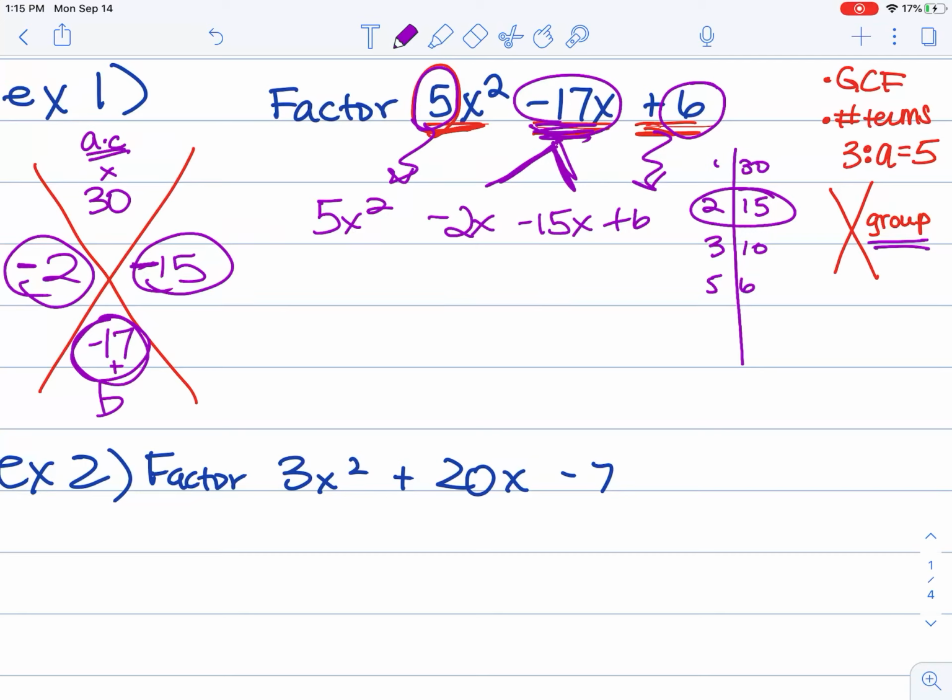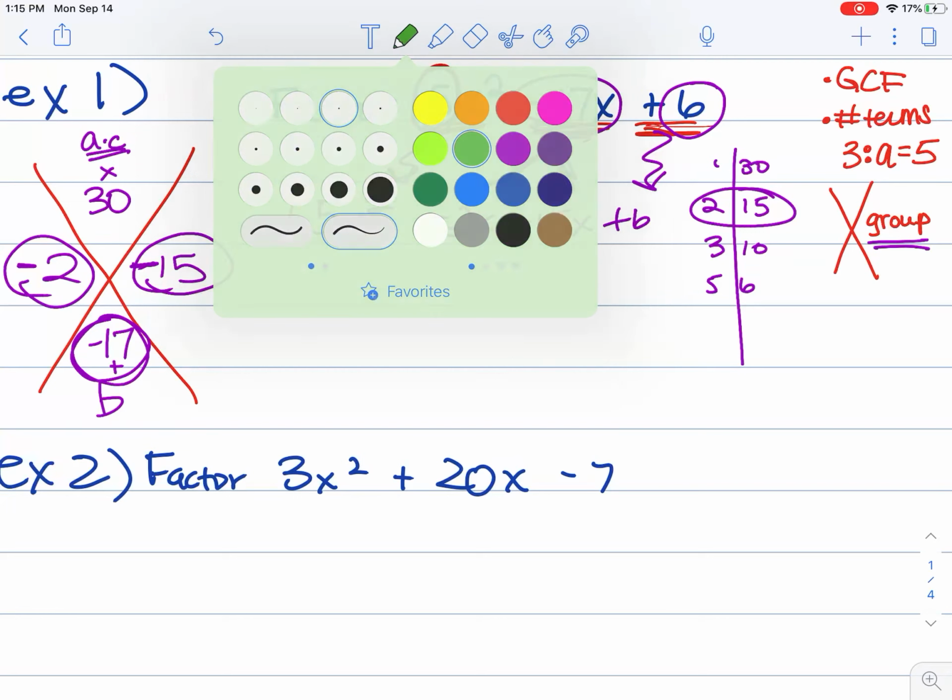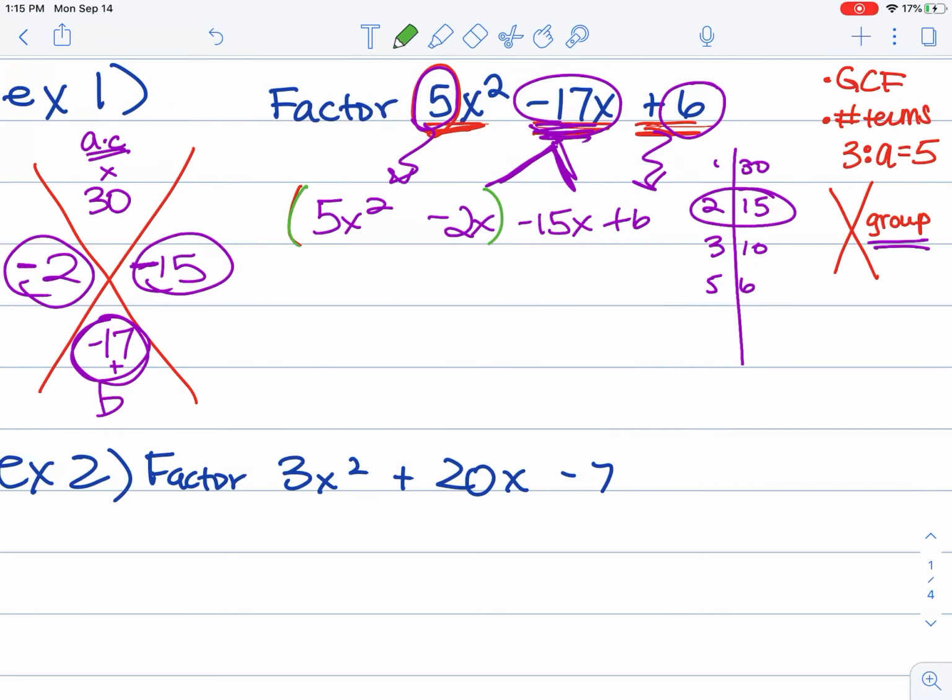And now we're going to group these 4 terms, okay? So now we're going to come in through here with, let's do green. We're going to factor the first two terms, make a plus sign here because we don't want to mess up a negative, okay, which doesn't change the value. And now we're going to pull out a GCF. So we pull out an x, and we get 5x minus 2.